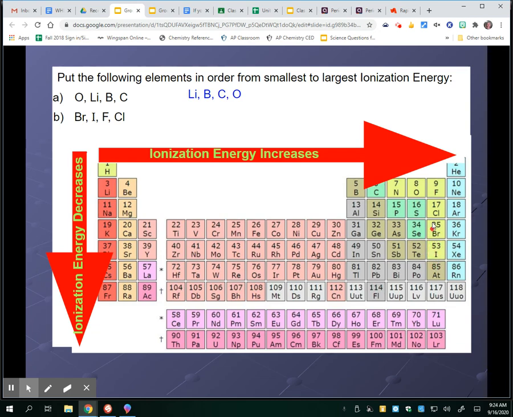And then as we go up, our ionization energy is going to increase. Fluorine is going to have a really high ionization energy. It's a really small atom with only 2 energy levels, so those electrons are really close. And it has a very positive nucleus for the number of energy levels it has. So it would look like this.